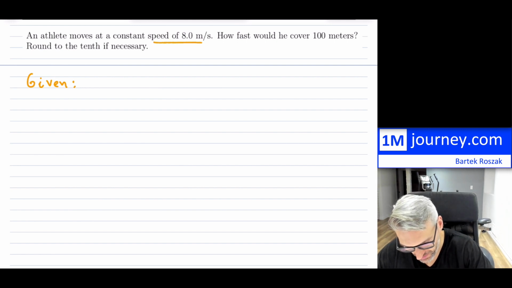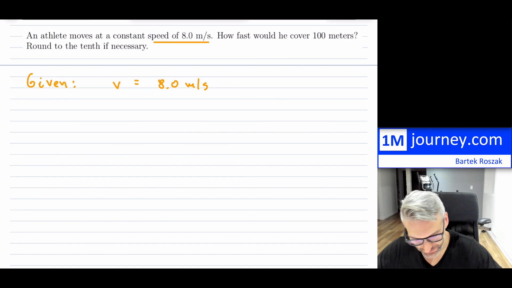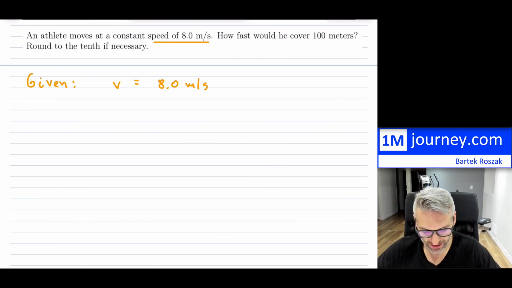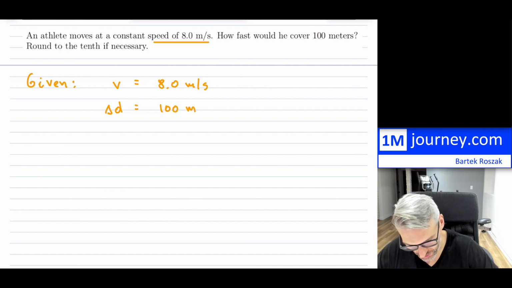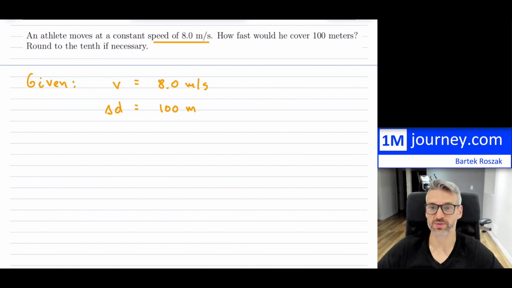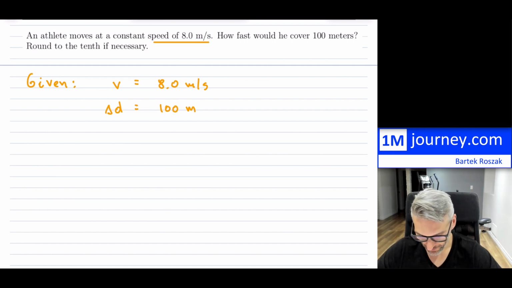Notice it's a speed, there's no direction, so this would have been just v, and it's 8 meters per second. How fast would he cover 100 meters? Well, 100 meters is just the distance, so that's the change in distance. That would have been 100 meters, so the units are fine, everything's meters right there, and then we have seconds for the speed.